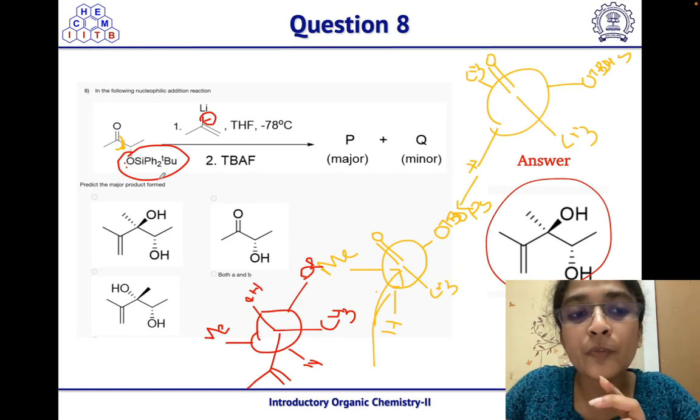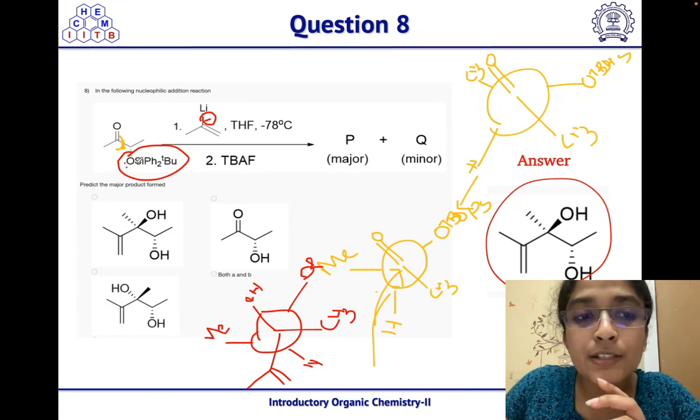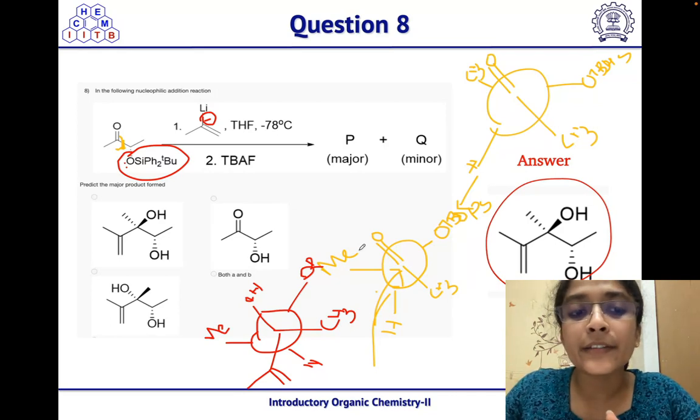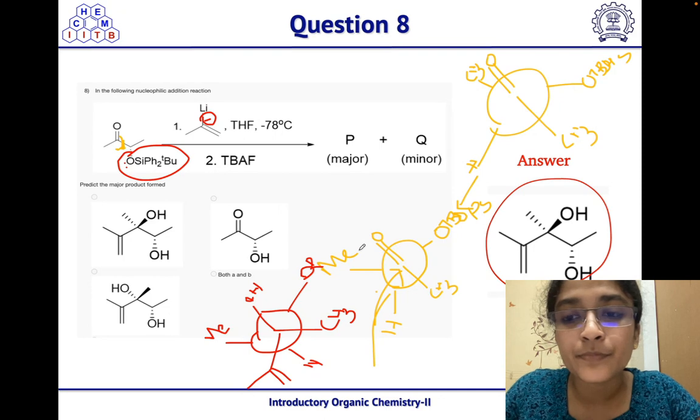So here this group we will write perpendicular to the carbonyl. This group is called the TBDPS group, tertiary butyl diphenyl silyl. That group we will write perpendicular to the carbonyl group as I have shown here, and then we will follow a similar pattern to the Felkin Anh model. Is it clear?